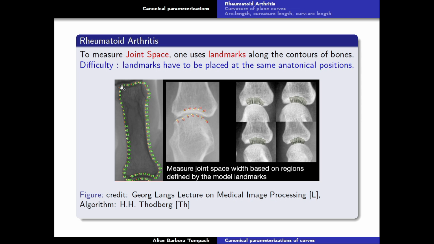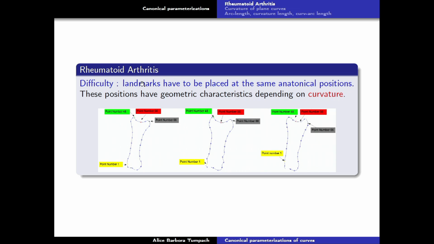So it's always the same number, the same indices of the landmark at the same position. But there is some variability, of course, between patients and bones. So the aim is to have the same index of the landmark at the same position across the different sizes and geometries of bones.